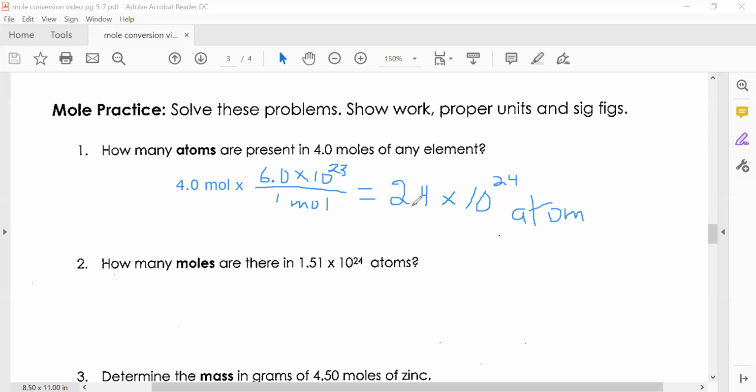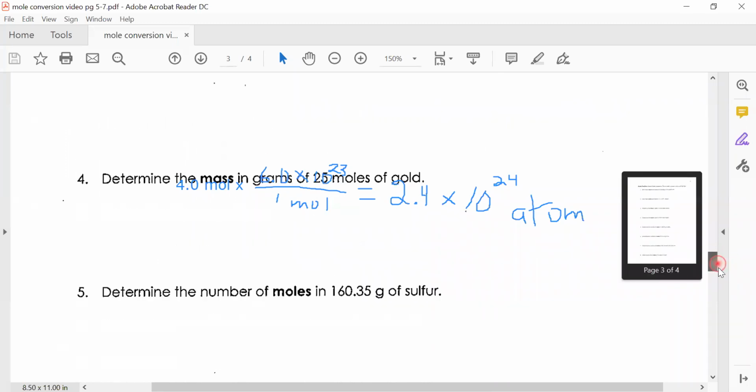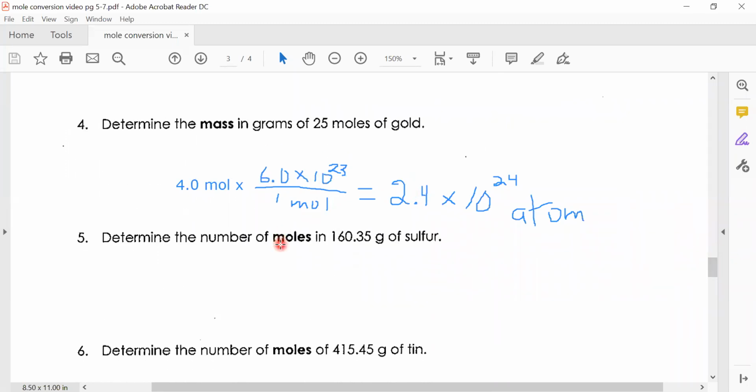Okay, I might do one more example, and I think I'm going to go to example number 5, and that's down here. And this one says, determine the number of moles in 160.65 grams of sulfur. So I might write down what I know. I'm going to write down what I'm given.